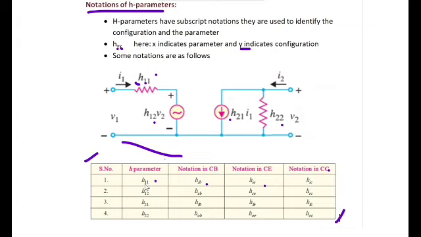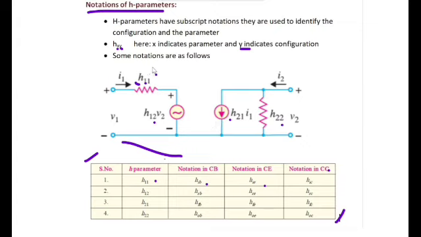In h11, the first subscript is identifying the parameter, this is input impedance, so i, and the second subscript is identifying the configuration, b, that is common base. In the common emitter configuration it is e, in the common collector configuration it is c. So this is about the notations, this is how we will notate the h parameters.